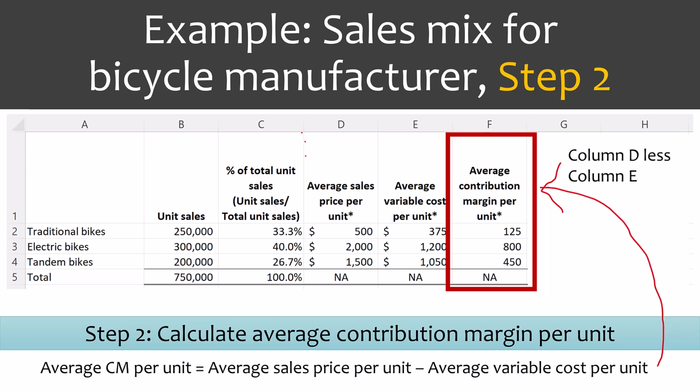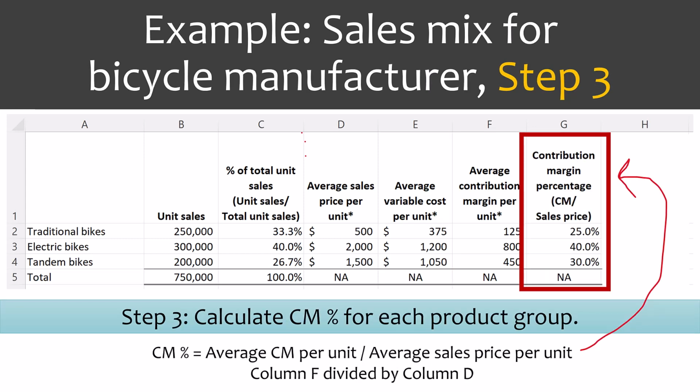For electric bikes, we take 2,000 minus 1,200 gives us 800. And then finally for tandem bikes, we take 1,500 average sales price minus the average variable cost per unit of 1,050, and we get $450 as the average contribution margin per unit. Again, we do not add those up, because that sum would not be meaningful.